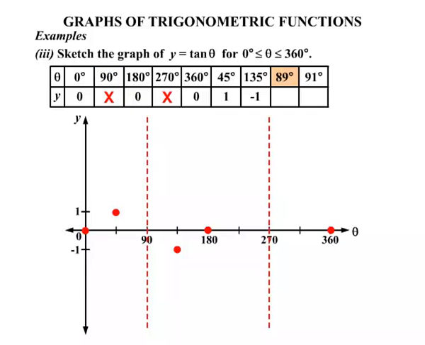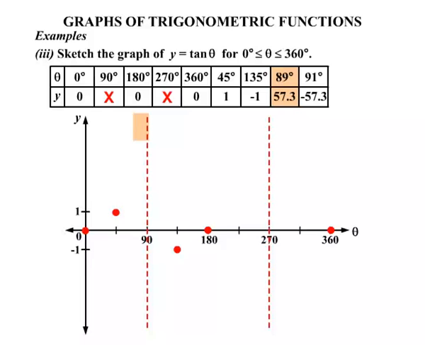So when theta is 89, we get the tan of 89 is 57.3, a very large number. When theta is 91, the tan of 91 is negative 57.3. So let's see. That particular point would be well up there, 89 degrees across, but well up on the y-axis.